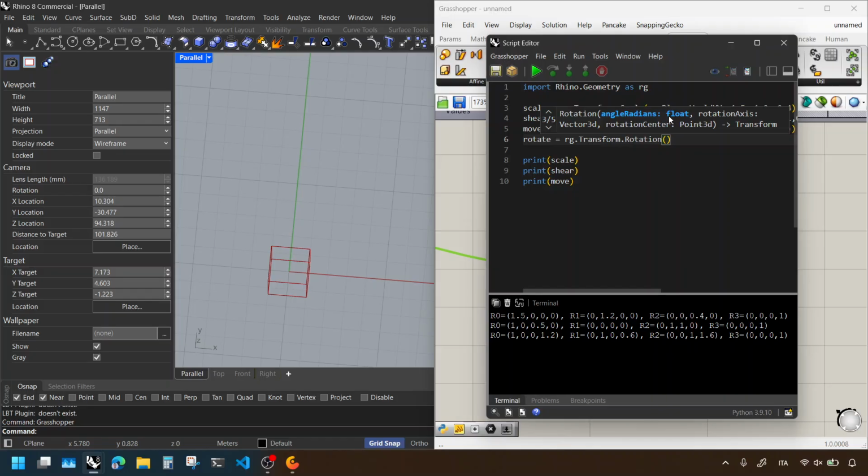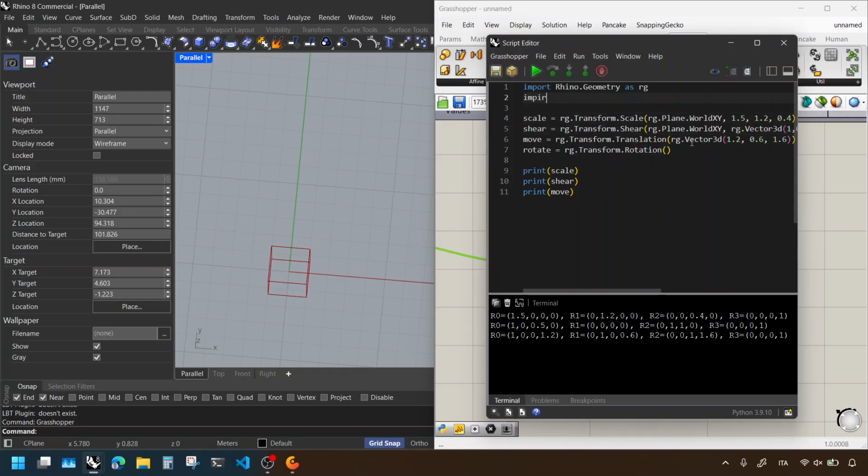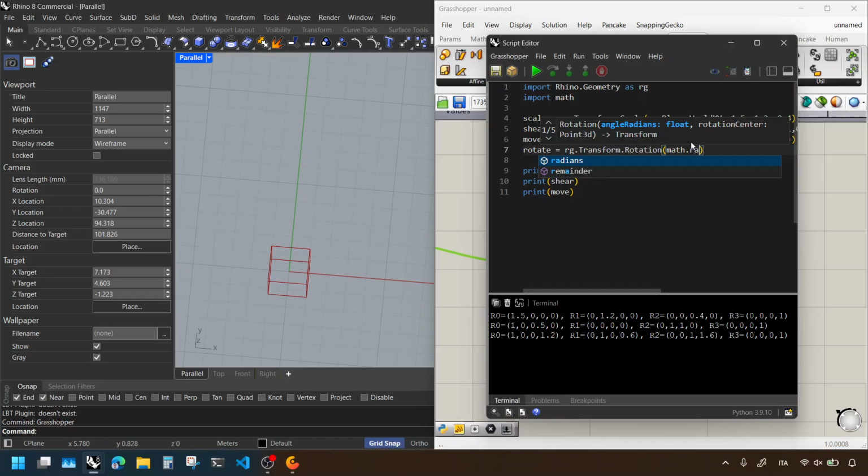Then we put in the rotation axis. So we will say the Z vector, and then a rotation center, which will just be the origin. So let's say the vector first. We need to convert degrees to radians. So import math. Okay, then we go math dot radians, and we say 30 degrees converted to radians, so that's the float angle.